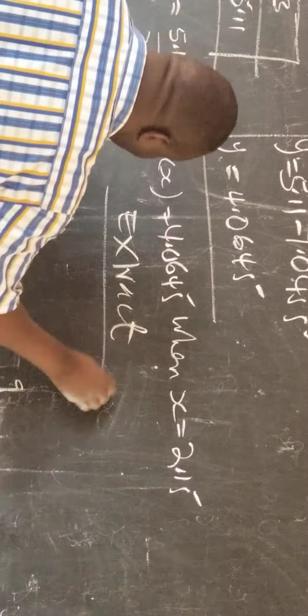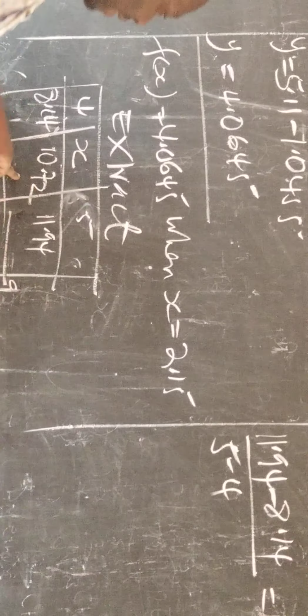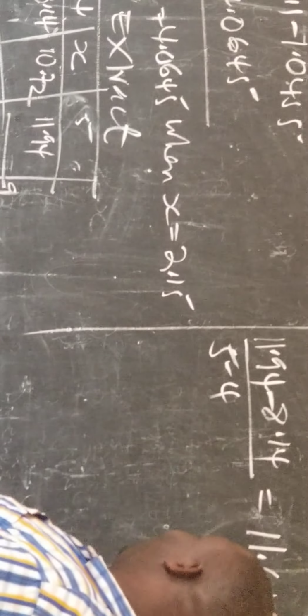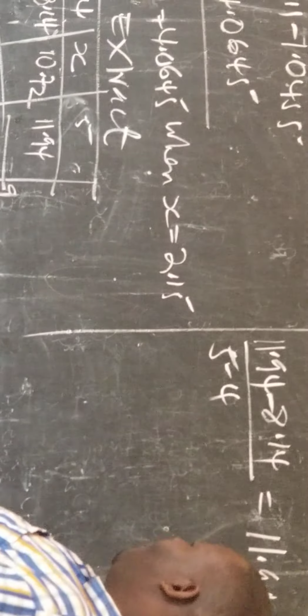Then, choosing to use 5, the change in y is 11.94 minus 10.72, all over the change in x, which is 5 minus x.